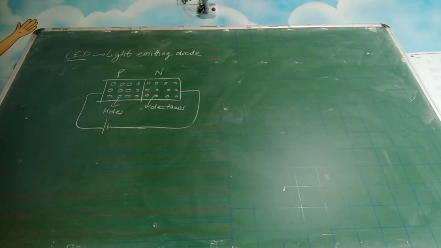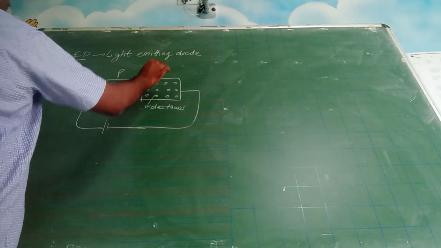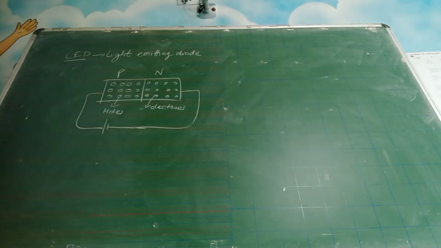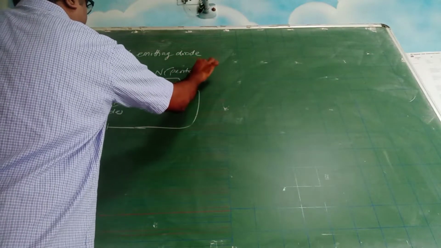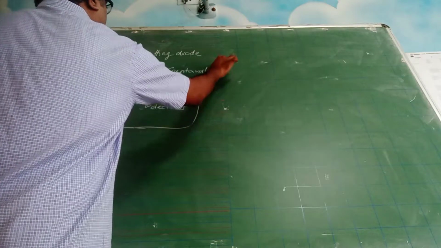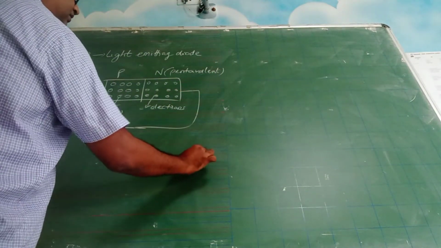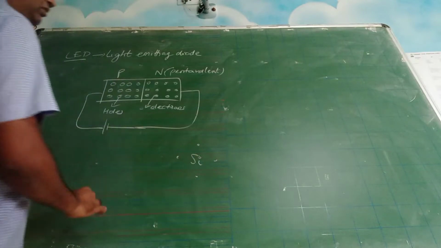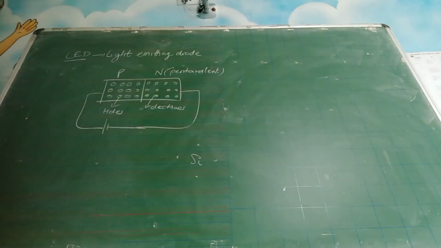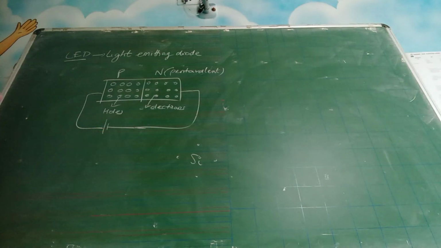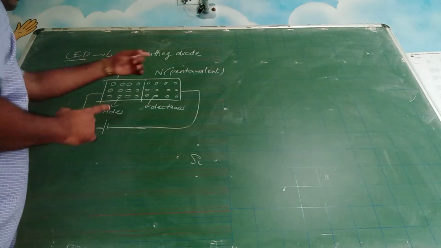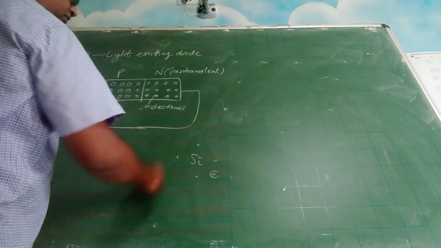So here, this N-type semiconductor, when you dope, you use pentavalent elements. Remember, this silicon had 4. When you dope it with pentavalent, for the covalent bond formation you have got 5 electrons here, so 1 free electron is there.